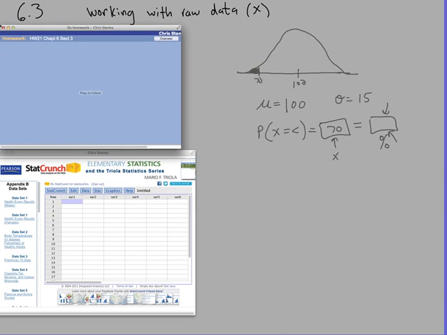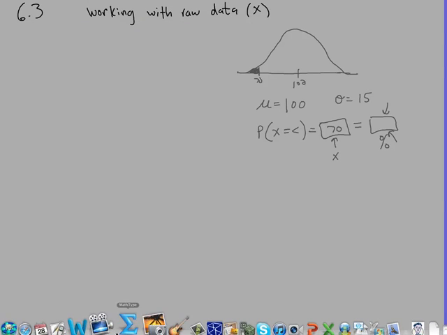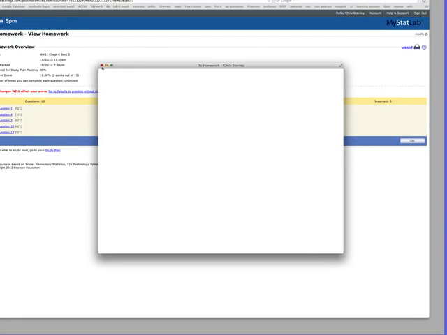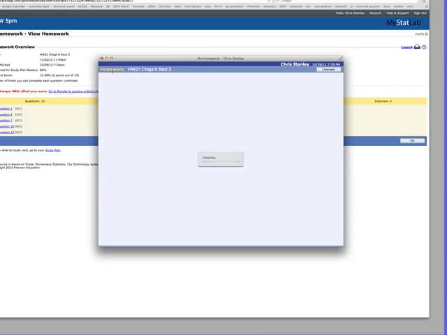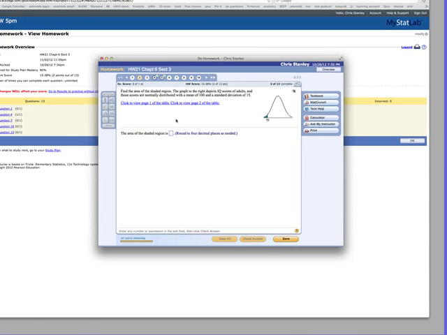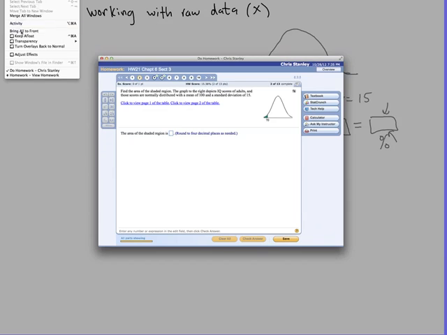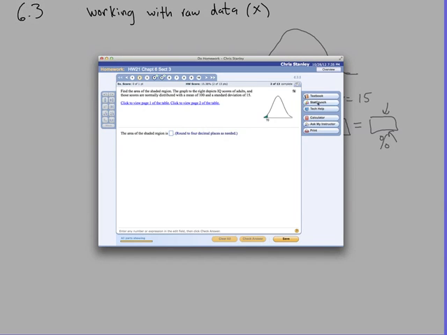Okay, for some reason this thing's giving me some trouble. I'm going to have to edit this stuff out. Okay, so let's try this one more time.